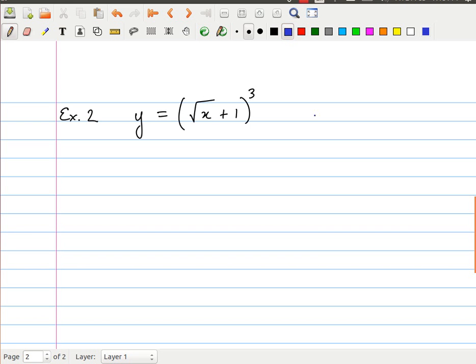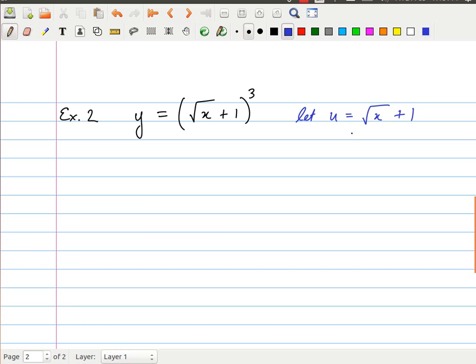Now you can see here there's no talk of functions. I don't have an f of x or a g of x. I just have this equation, y equals the square root of x plus 1 all cubed. So in this case, I'm going to make my change of variable. I'm going to let u equal the square root of x plus 1. And so I'm also going to need the derivative.